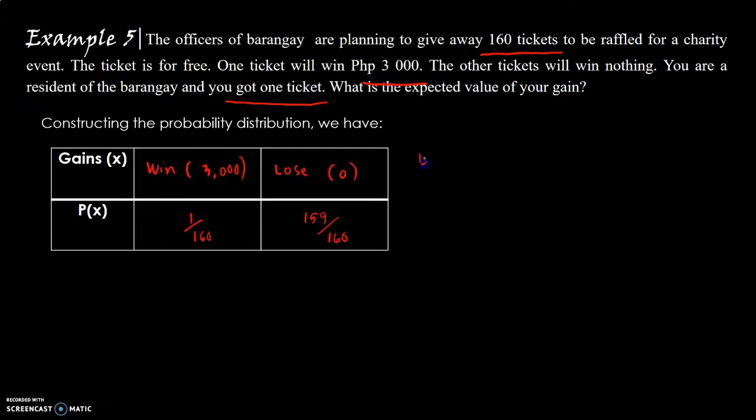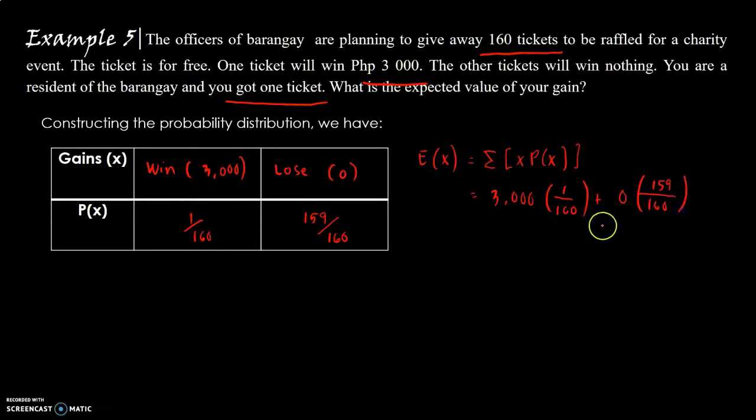So the expected value of x is equal to the summation of x times the probability of x. That is, when you win, you have 3,000 pesos times 1 over 160 plus 0 times 159 over 160.